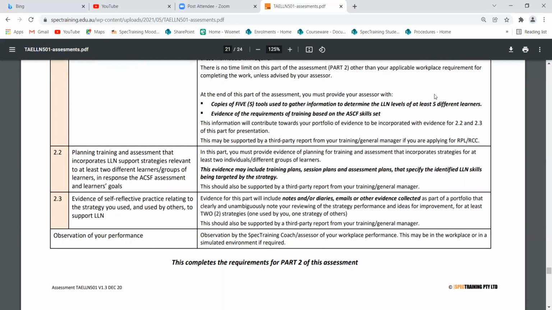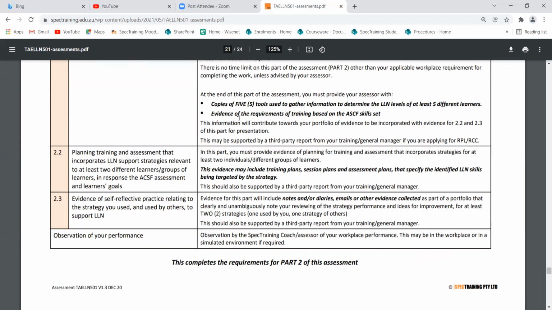So you can use your own LLN tools that you may already have in your organization, or you can use other LLN tools from, for example, Precision Consultancy, or another company that you know about, or LLN Robot, whatever it's called. And then evidence of the requirements of the training based on the ACSF skill set.